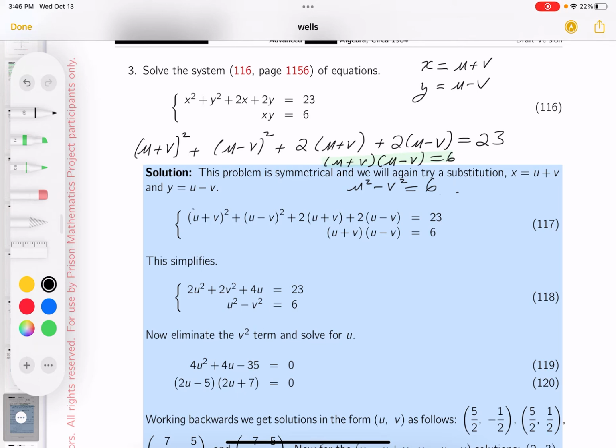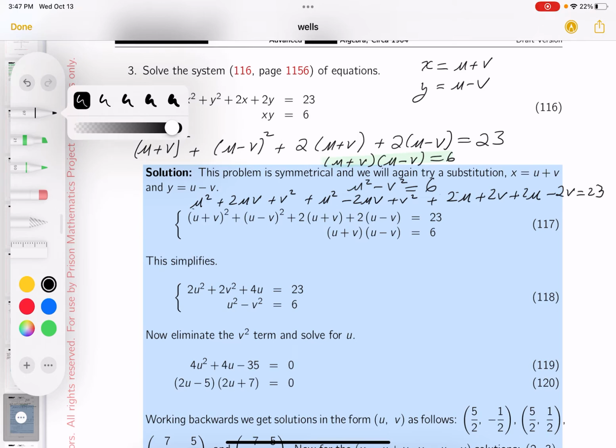I'll be careful. So u squared plus 2uv plus v squared plus u squared minus 2uv plus v squared plus 2u plus 2v plus 2u minus 2v equals 23. Let me get my red pen out.